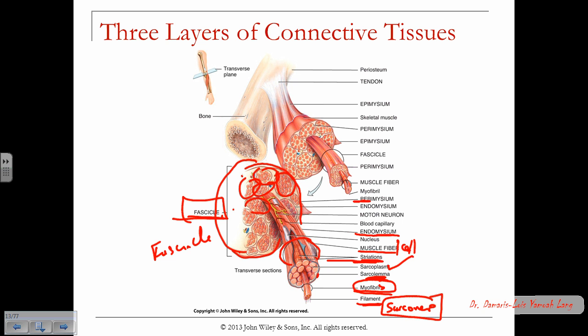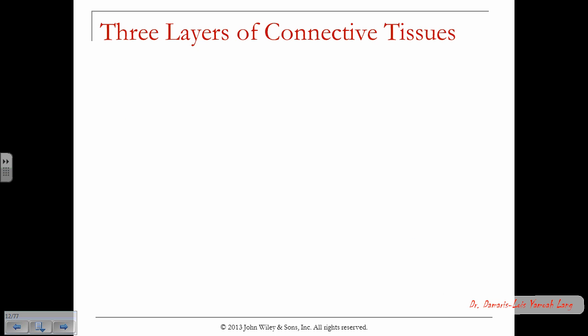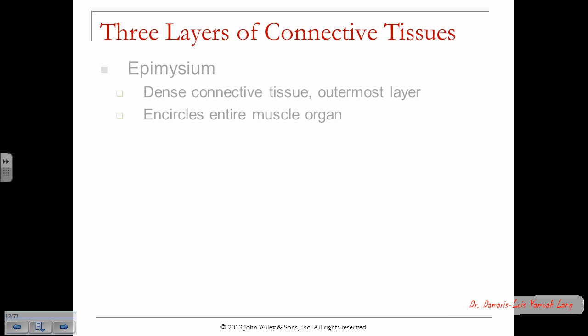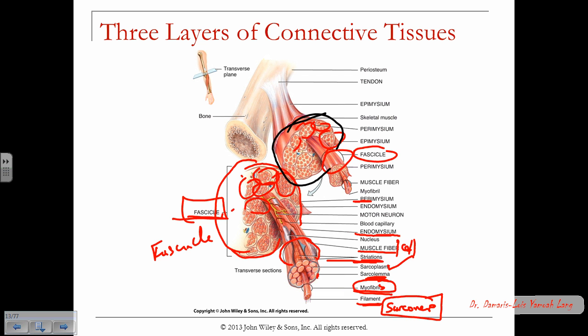So we have a fascicle. Another fascicle, and all these fascicles come together, and another wrapping, the connective tissue, wraps around it, and they call that epimysium. Does that make sense?